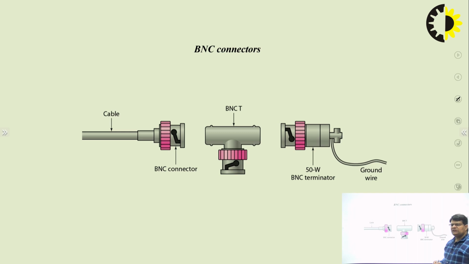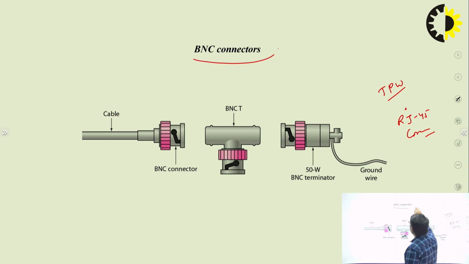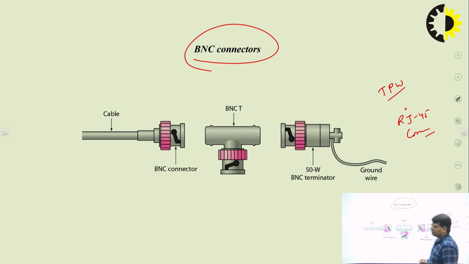As we have seen, for the case of the twisted pair wire, we use the RJ45 connector. In the similar way, for the coaxial cable, we use the BNC connector.